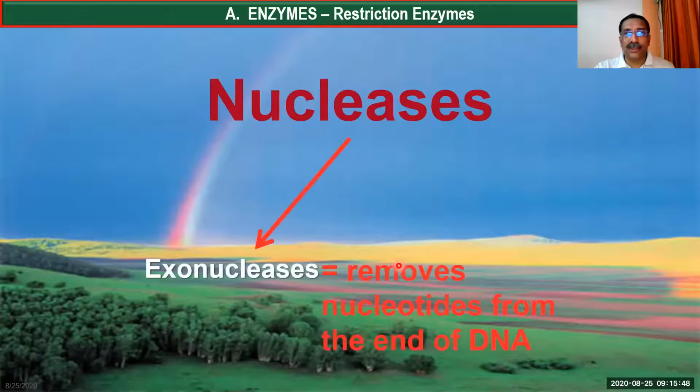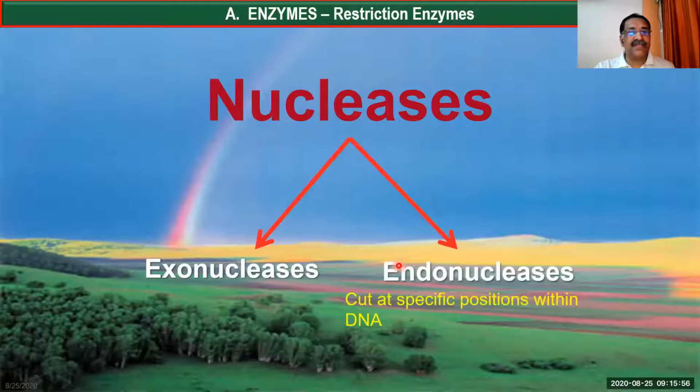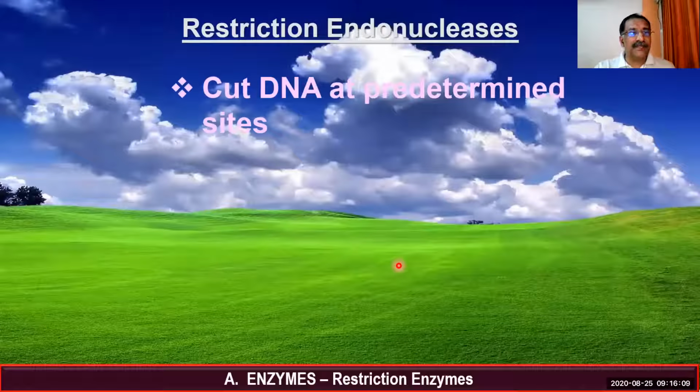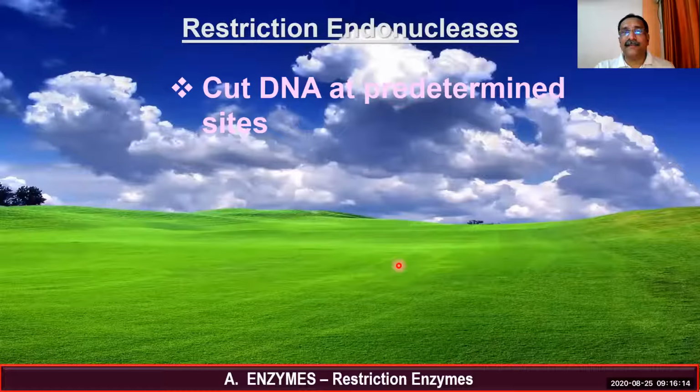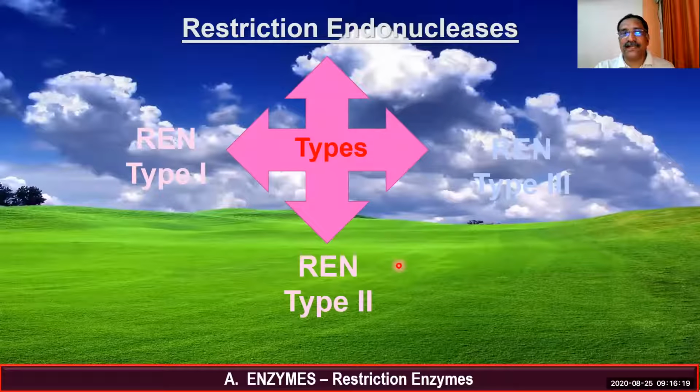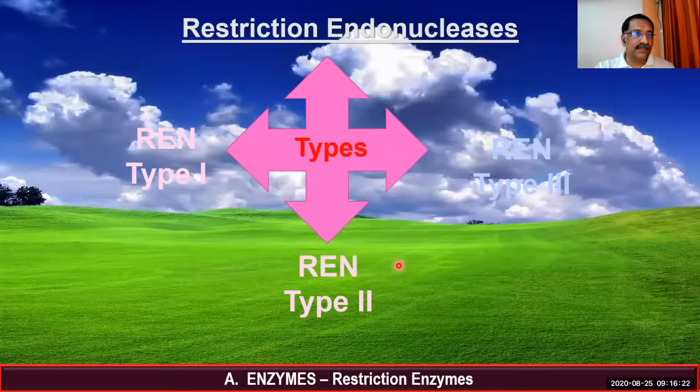One is called exonucleases, which cut the DNA from one end. Another type is endonucleases, which can cut the DNA at certain specific sites or positions within the DNA. After that, we have seen that restriction endonuclease enzymes cut the DNA at predetermined sites, and basically three types are there: type 1, type 2, and type 3.